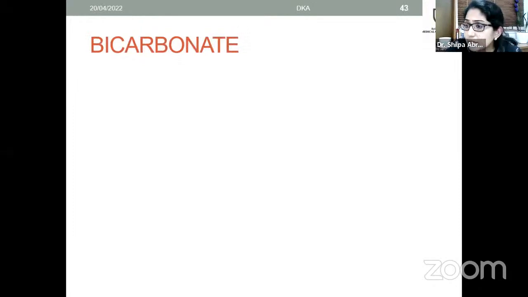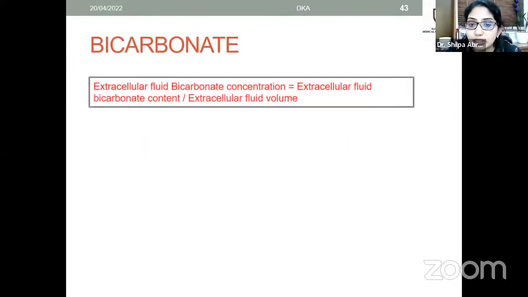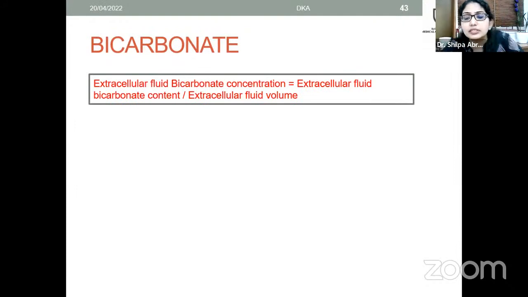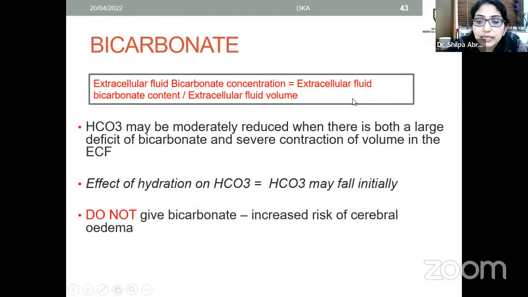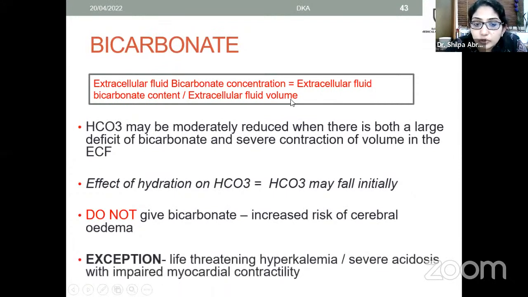What about bicarb? When you see a pH of 6.8, there's always a tendency to just push a bicarb, but do not do that in DKA. What is bicarbonate concentration? It is the extracellular fluid bicarbonate content divided by the extracellular fluid volume.